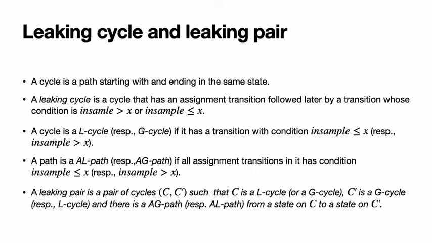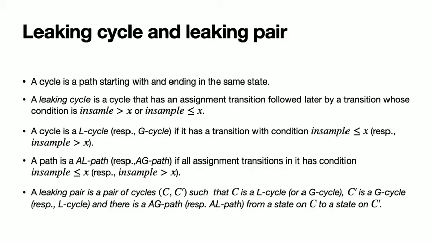Now, a cycle is an L cycle if it has a transition whose condition is insample less than or equal to x. And it is a G cycle if it has a transition whose condition is insample greater than x. Now an AL path is a path where all assignment transitions in it have condition insample less than or equal to x. An AG path is defined similarly.